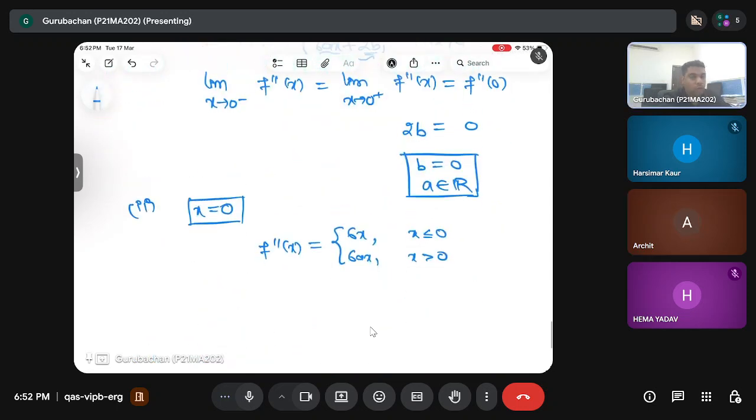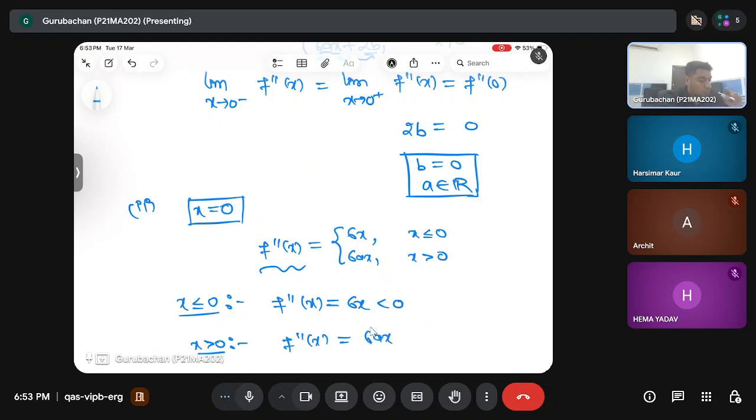Okay. So if you observe from this double derivative, whenever x is less than or equal to 0, you can see that our f double dash x is 6x. Since x is less than 0, obviously it is negative. But when you consider x greater than 0, our f double dash x is 6ax.